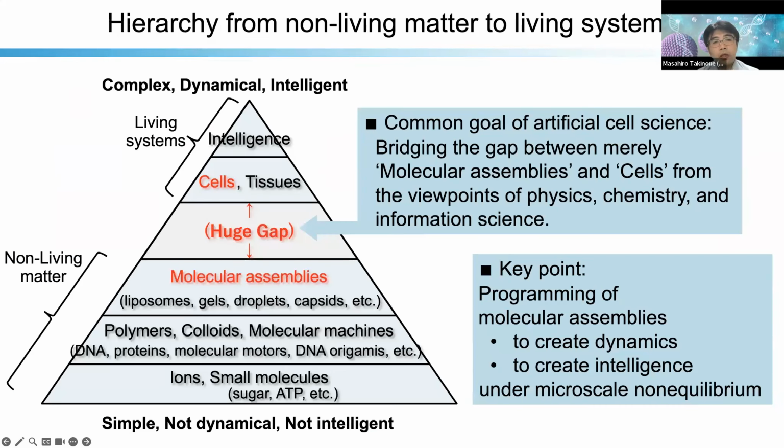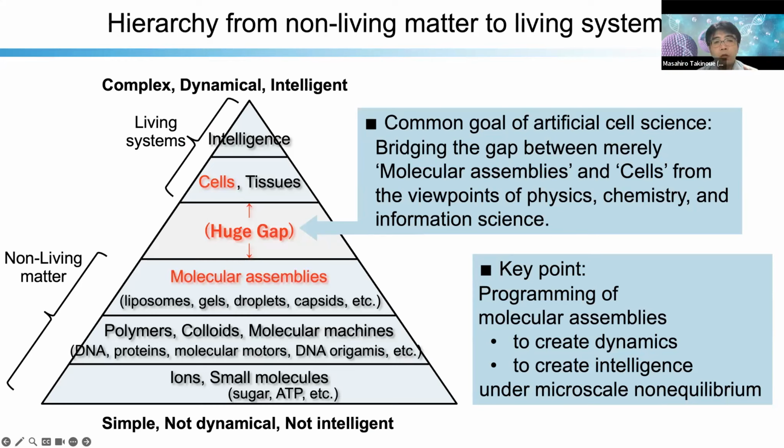So you know that even living systems are constructed with molecules. However, a huge gap exists between living systems and non-living matter. No matter how sophisticated a biomolecular nanostructure we see, it obviously cannot compare to living systems such as cells.